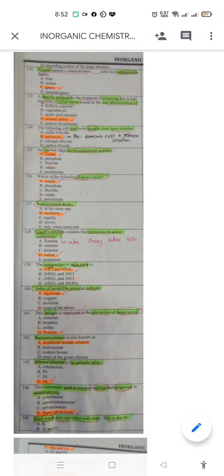Number 138. Lugol solution contains this element as its active component. That is your iodine. So, the components of your Lugol solution is your strong iodine solution plus your potassium iodide. Sabi dito, Lugol solution is also known as your strong iodine solution. And your strong iodine solution consists of potassium iodide plus iodine.